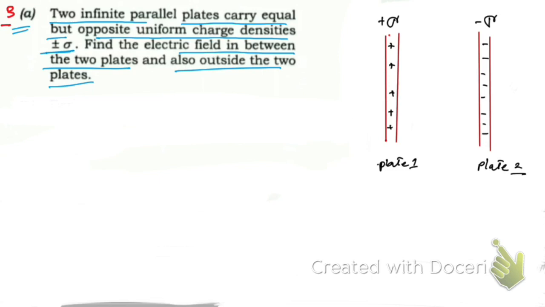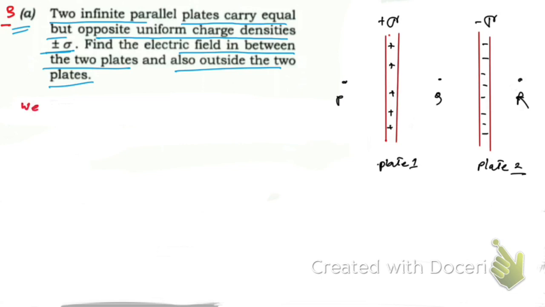Suppose we take 3 points, 2 outside the plates, R and P, and 1 between the plates, that is Q. So we are to calculate the electric field between the two plates, that means at Q, and also outside the plates, that means at P and R, right?